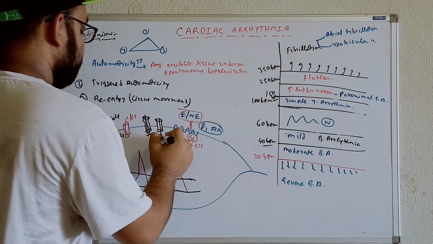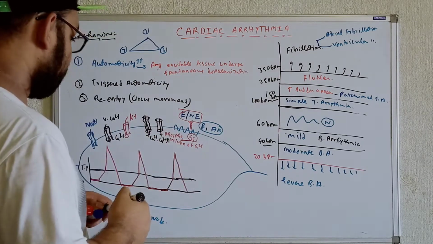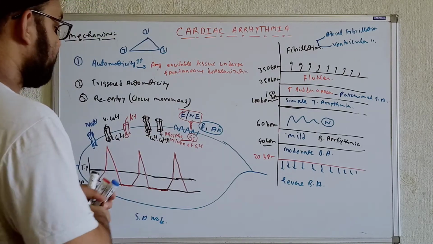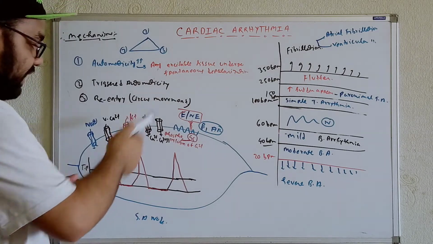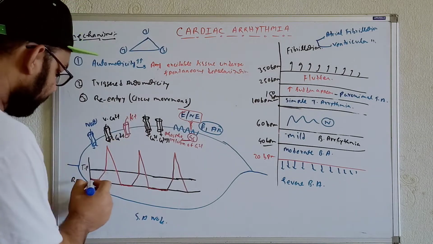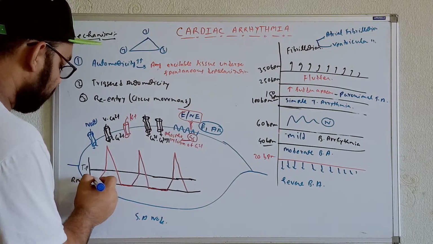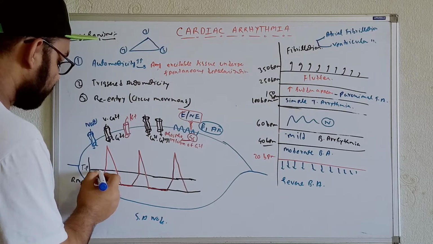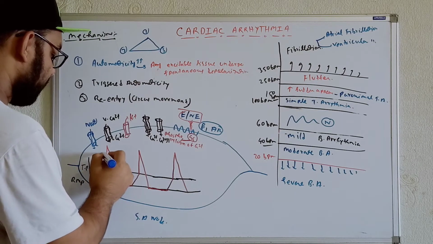So in these cases we will see there will be too much load of calcium within the SA node. Try to understand from here: whenever the calcium is too much, the resting membrane potential will go very soon to the threshold potential, and in these cases we will get much stronger depolarization.